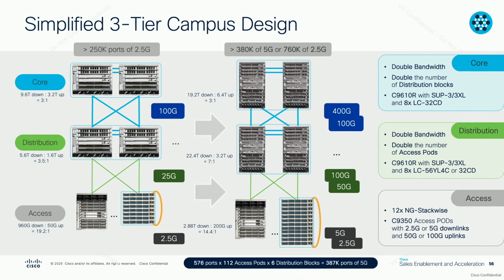With Wi-Fi 7 specifically using multiple uplink ports, the kind of bandwidth that those wireless access points are going to do, and then being able to connect that up from the access layer to the distribution, and finally distribution to core. Those are going to be the key points where port density and performance, as well as scale, matter. Because I've got more wireless clients connected, so I have more MAC addresses, more access control, and those kinds of things.